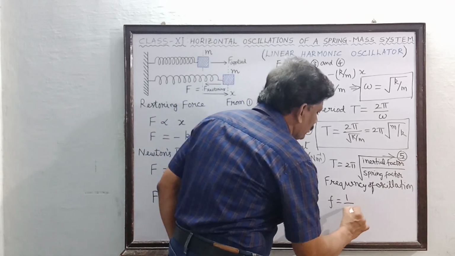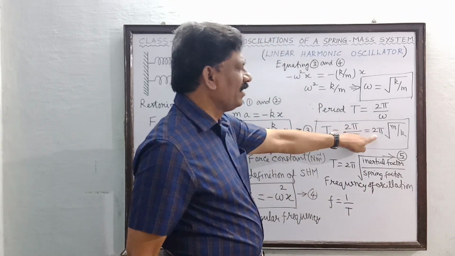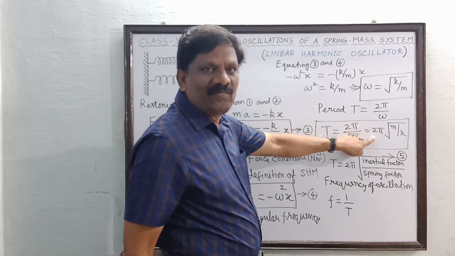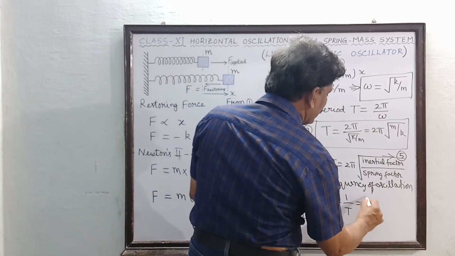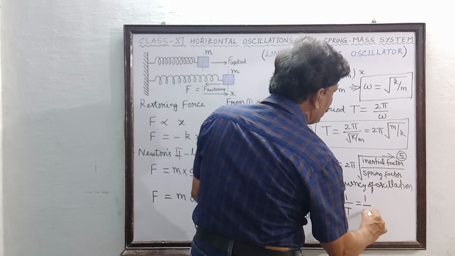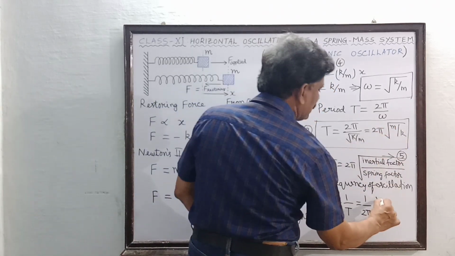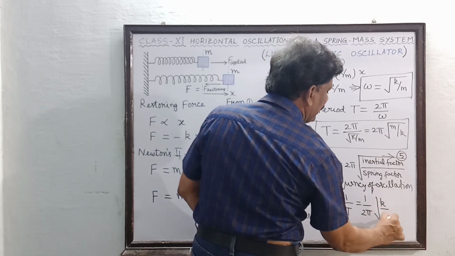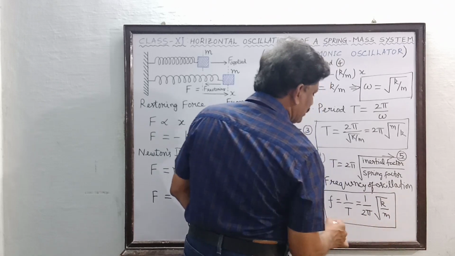So this is equal to the reciprocal of the time period. So if you take the reciprocal of the time period, this constant will become 1 by 2 pi. Good. So this is equal to 1 divided by 2 pi into square root of k by m. This will be equation number 6.